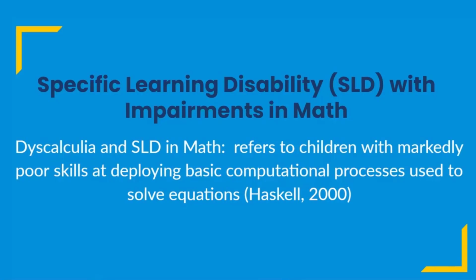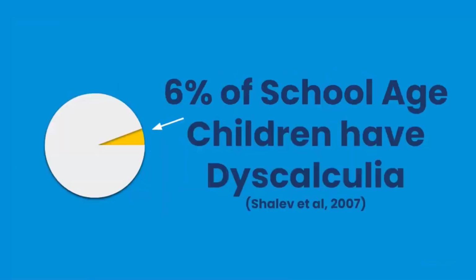And dyscalculia and SLD in math refers to children who have markedly poor skills at developing those basic computational processes used to solve equations. Like, that's all a mouthful. It just means they struggle big time with many aspects of mathematics, and we'll talk about how mathematics is a type of language.